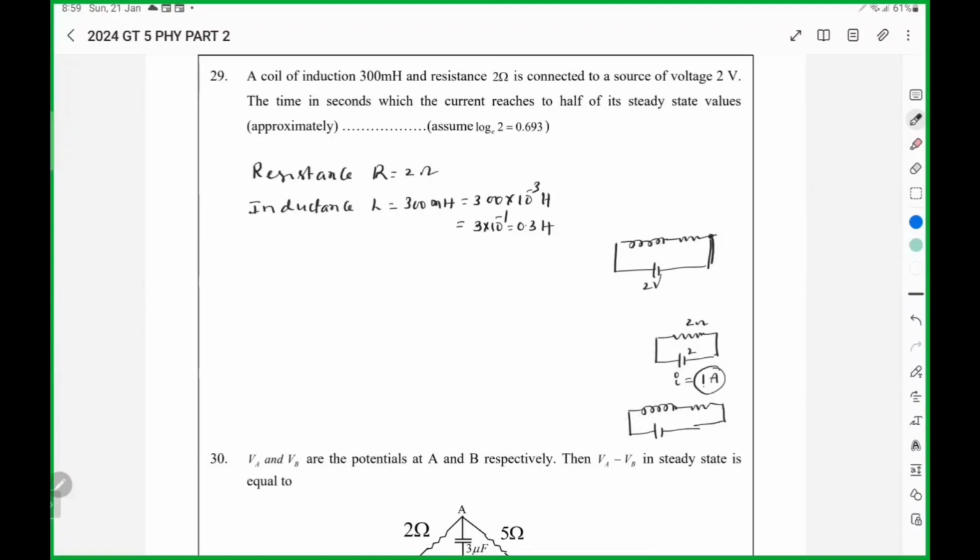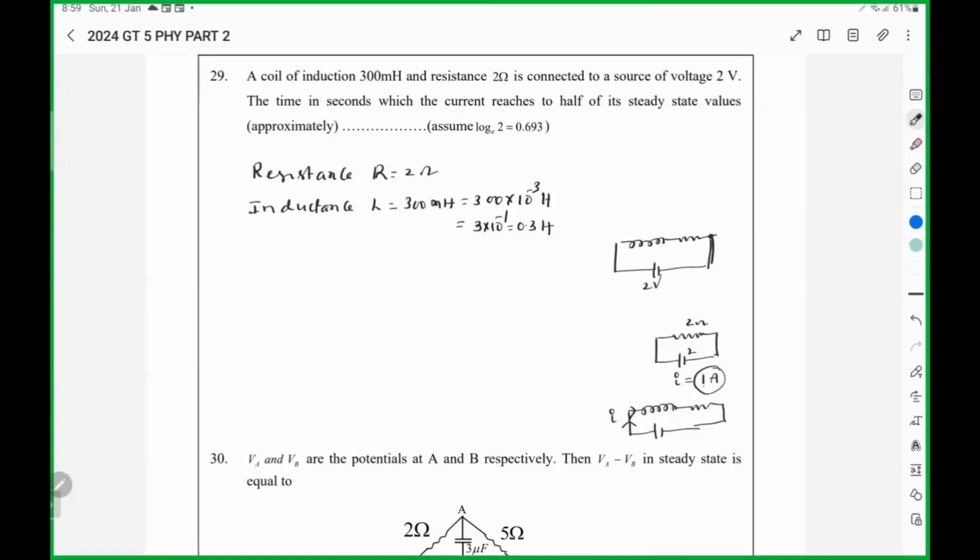Initially, once current flows through this inductor, EMF will be induced. That induced EMF will oppose the current. So initially this inductor offers a greater resistance, and with respect to time, it allows current.